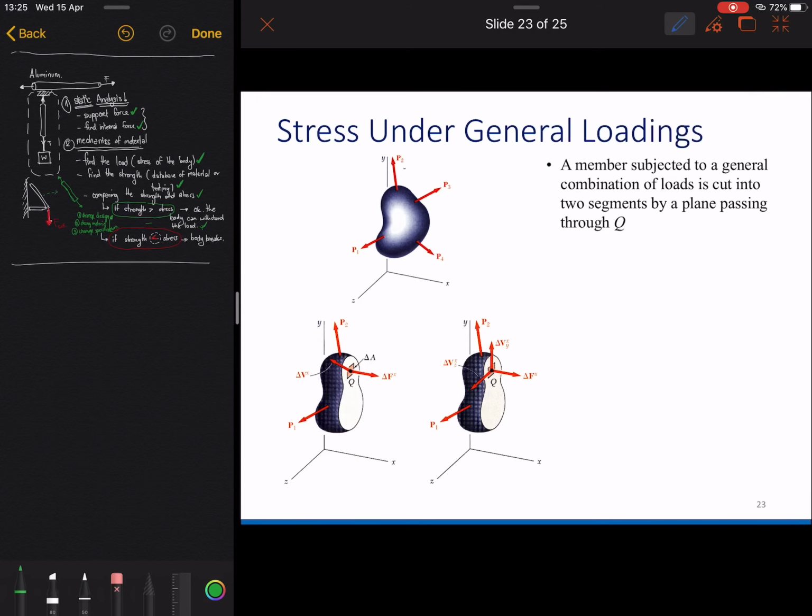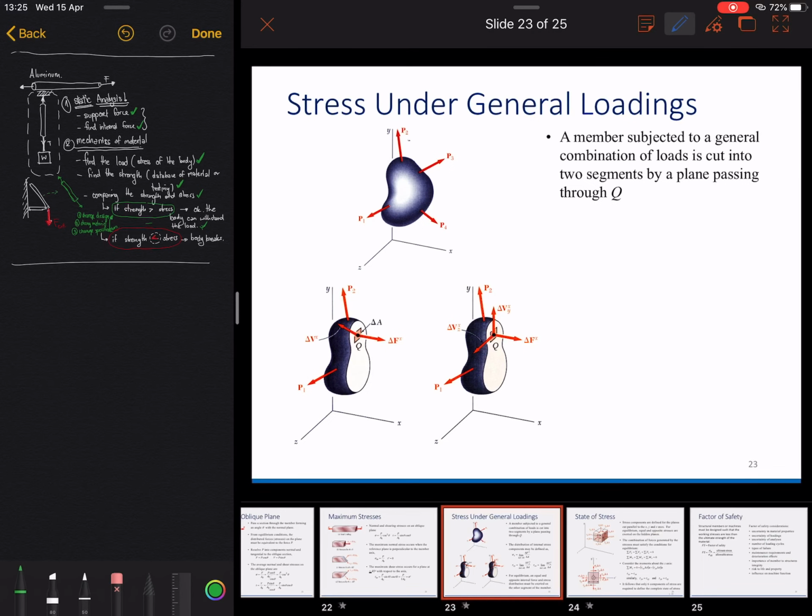But the maximum shear, okay, sorry, I would like to go back, but I'm struggling.